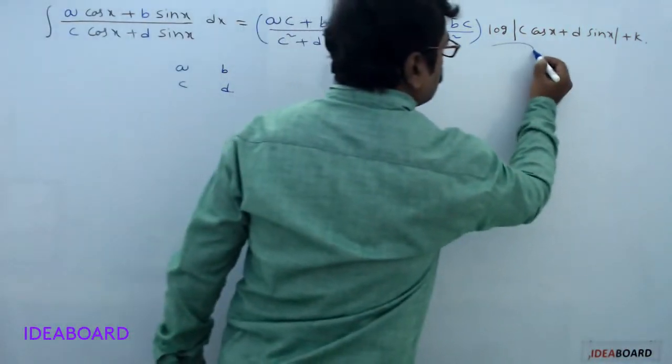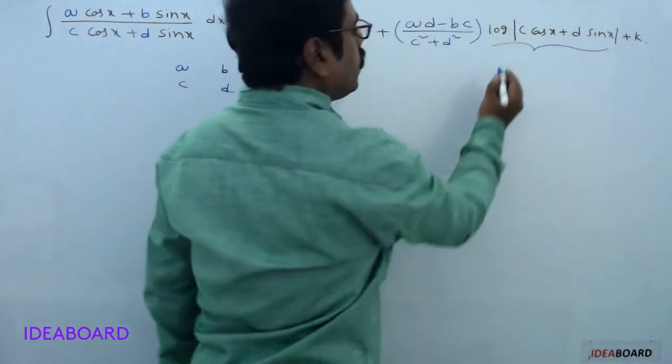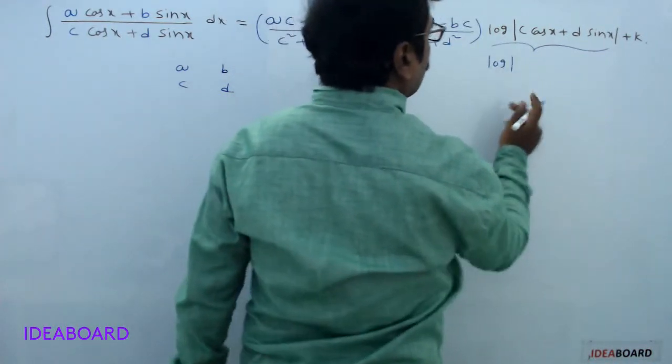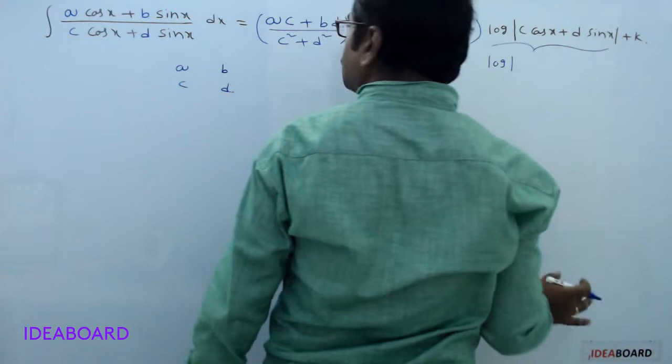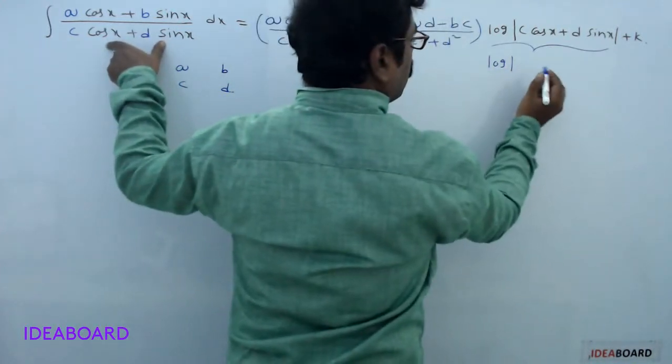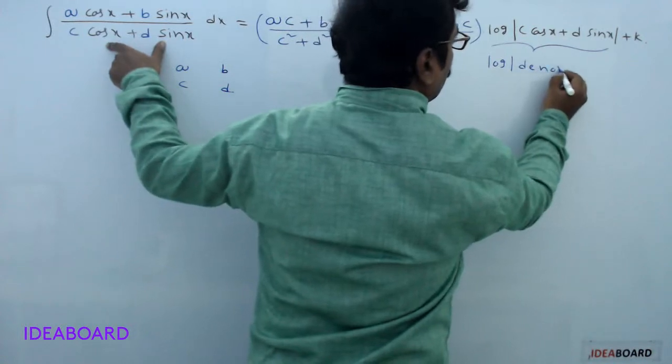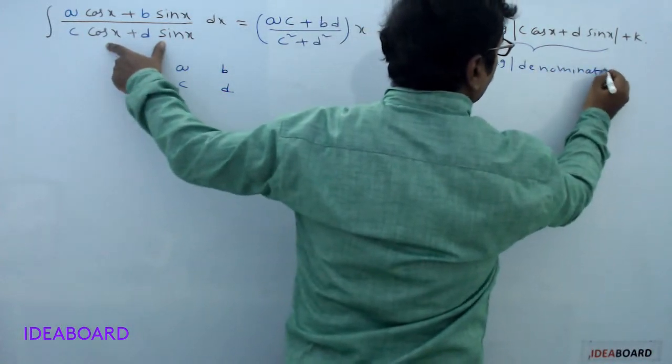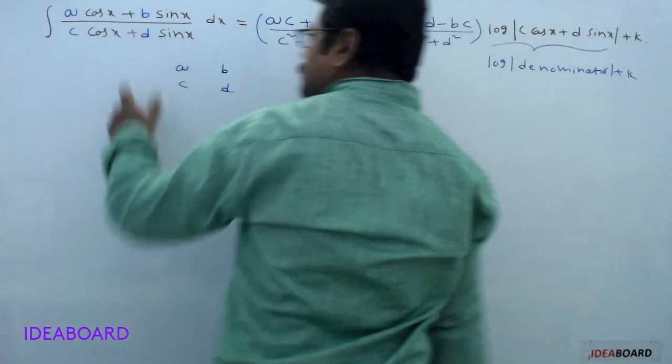Here, this expression can also be treated as a log mod. Since c cos x + d sin x is the denominator of the integrand, it can be taken as log mod denominator plus some constant.